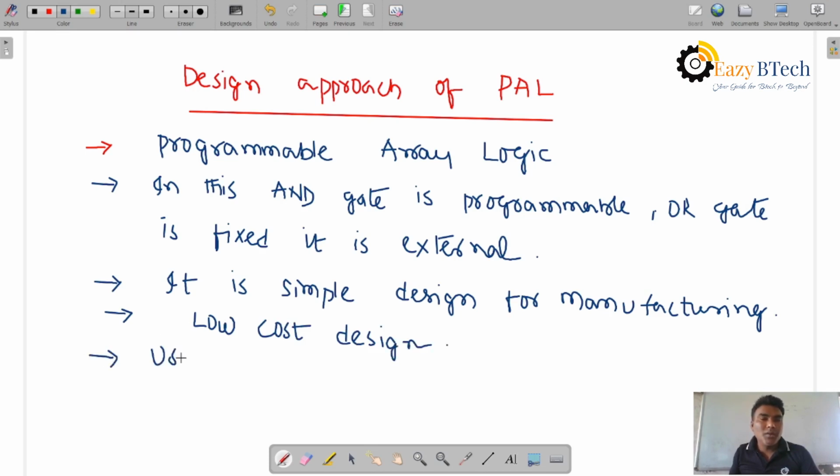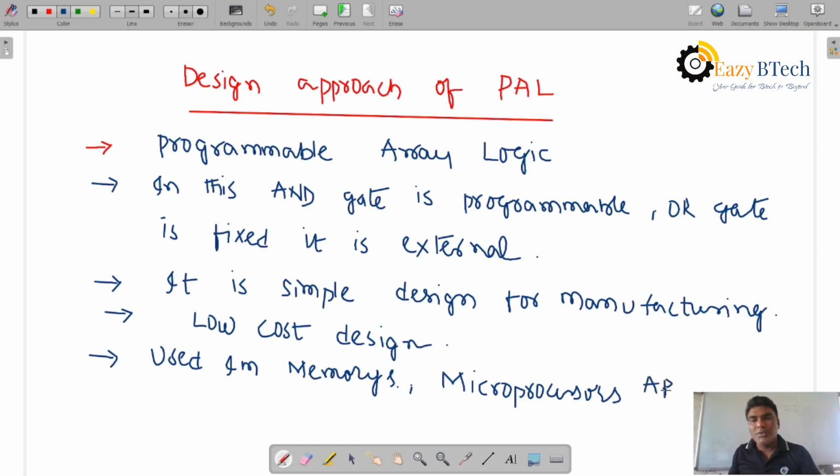It is used in memories and microprocessor applications, where microprocessor programs are stored. It is also used for different gate level designs, different combinational circuit designs. Memories are like ROM, PROM, and sometimes we can rewrite the program.